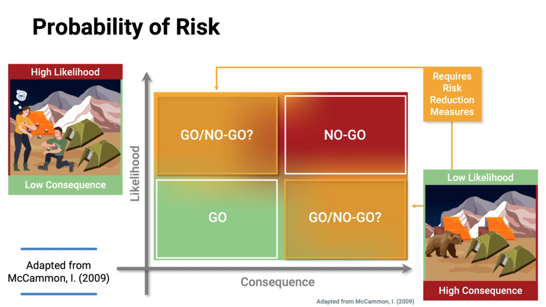And while annoying, they pose low consequence itchy bites in most parts of the world. So the risk of mosquito bites can be mitigated through bug spray and mosquito nets, and the consequence of being bitten is generally low. So here, the go thresholds might be lower than in the bear scenario because you're more willing to accept the consequences.